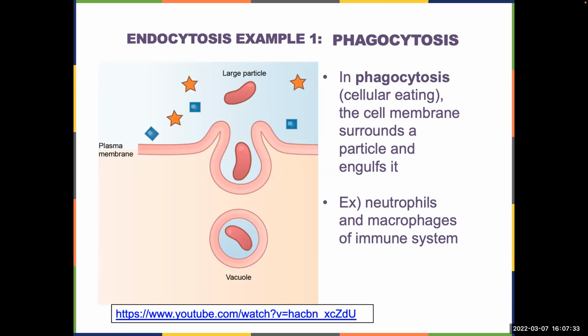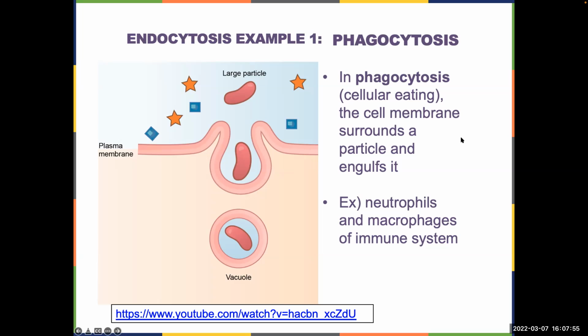Watch them both. Okay, endocytosis, you get what we call invagination of the membrane. The membrane folds in to surround the particle of interest. It makes a vacuole, okay? And then the cell can decide what to do with that vacuole. So that's phagocytosis.